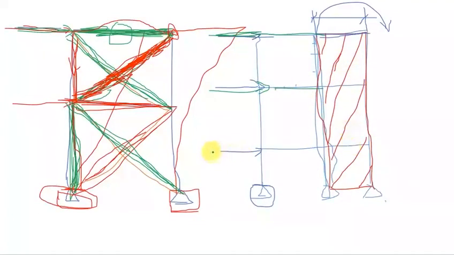Same to this, it will travel through this member, it will be taken by this deep shear wall. So actually, the idea of having bracings is that they are very efficient in taking the lateral loads, as compared to moment connections. Moment connections are very expensive to do, and of course will take time.